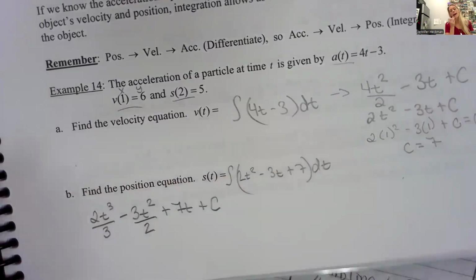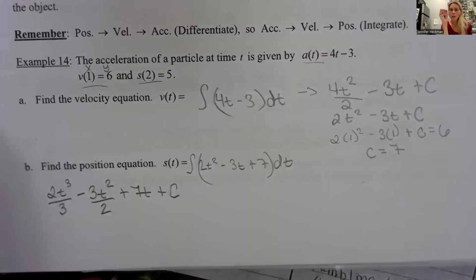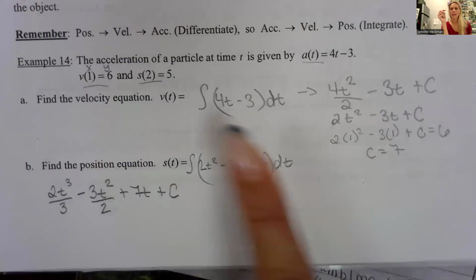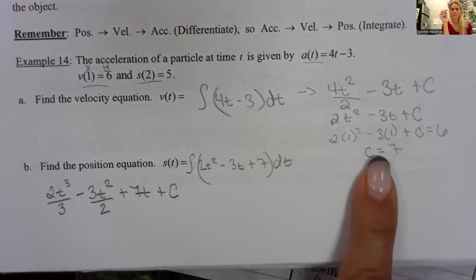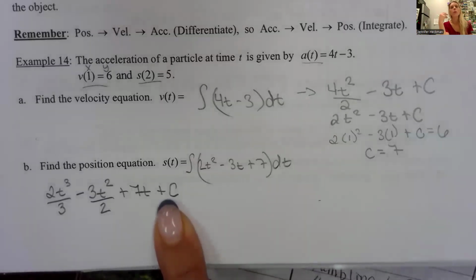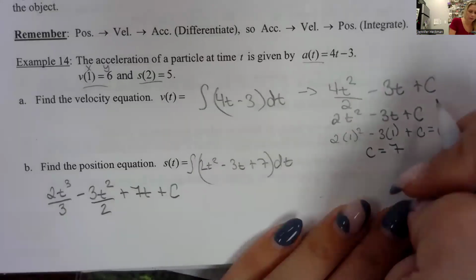Now, sometimes AP tests will get picky and sometimes they're not. Here's a problem right now. I just identified in part A that this was c. But now I'm putting another c here. And it gets confusing because you're like, wait, which one's which? So what we do sometimes in calculus, especially if we're dealing with multiple constants that relate to different functions, we label them to remind ourselves.